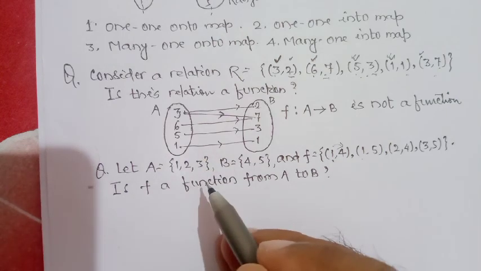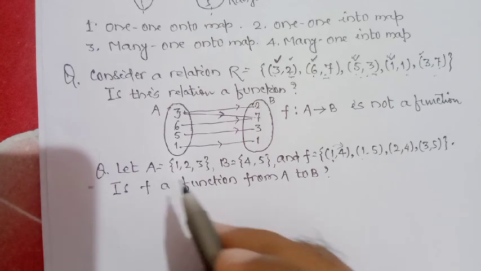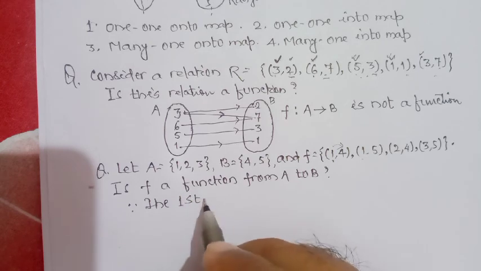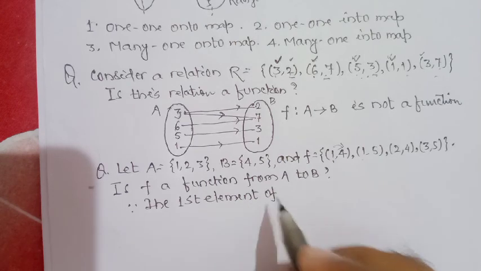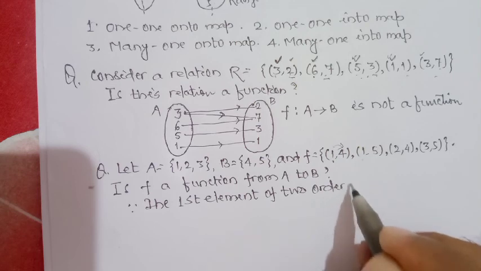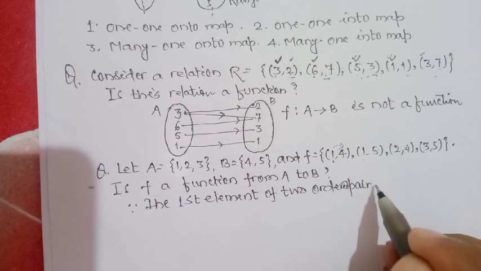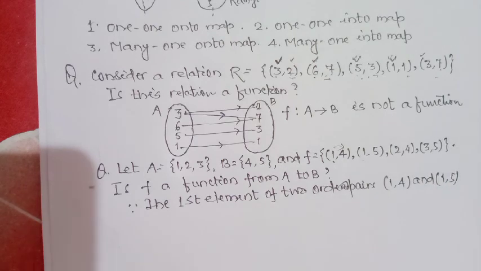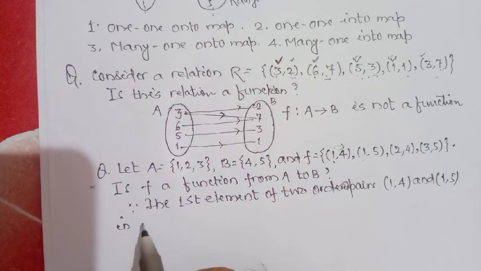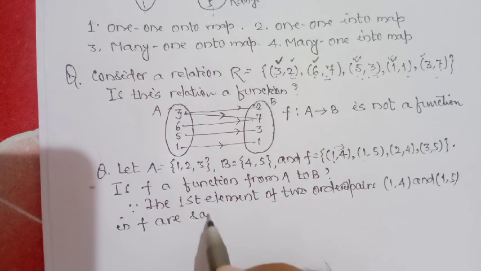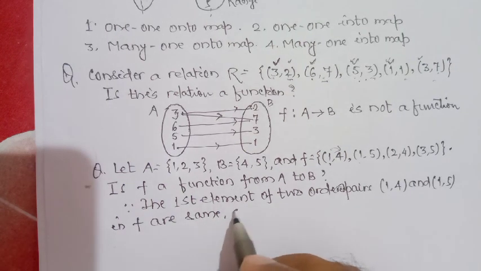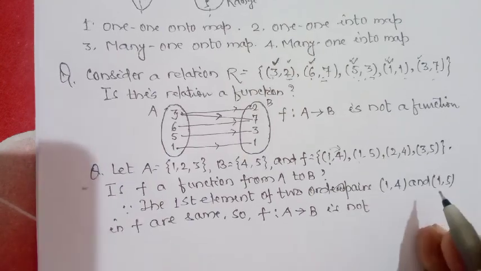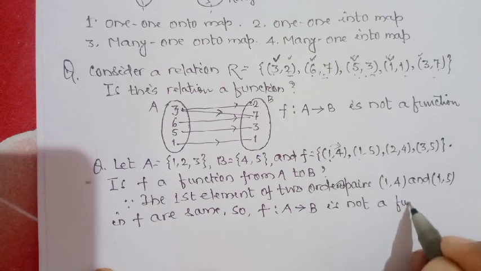So you can write, since the first element of 2 ordered pairs (1, 4) and (1, 5) in F are same, so F from A to B is not a function.